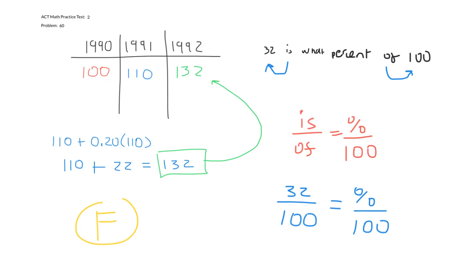So I'd like to reiterate the key insight here: if they say it's a 10% jump from the old number and then it's a 20% jump from there, you do not want to add the percentages. It's not going to be 30%. It's going to be a 10% increase of the first number and then a 20% increase of that number, which brings us to 132.